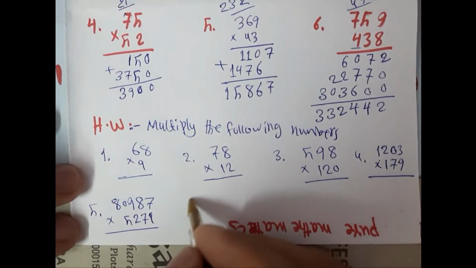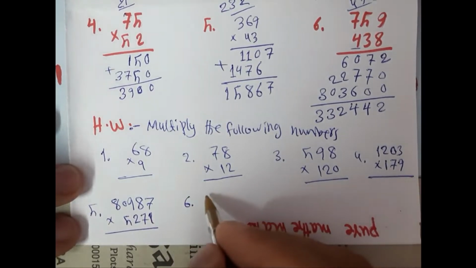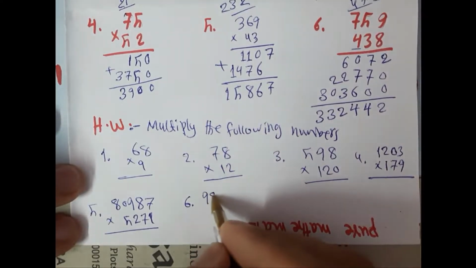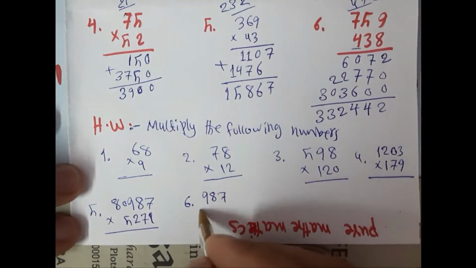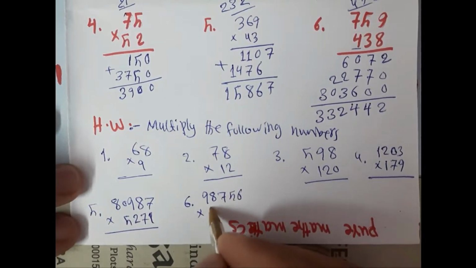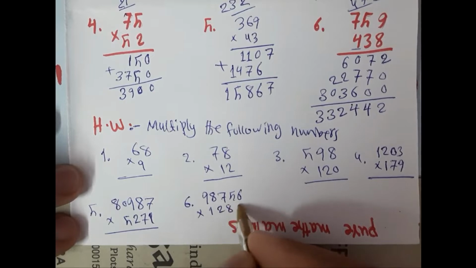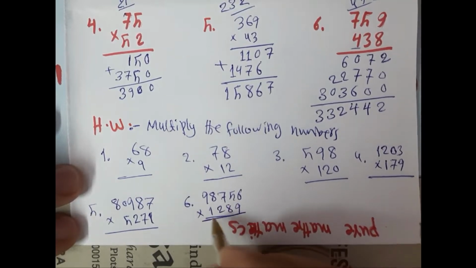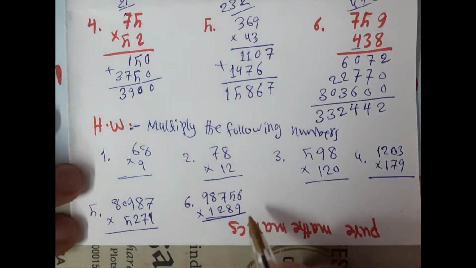And the final one, number 6, 987 multiplied by 756 multiplied by 1289. You should solve these questions.